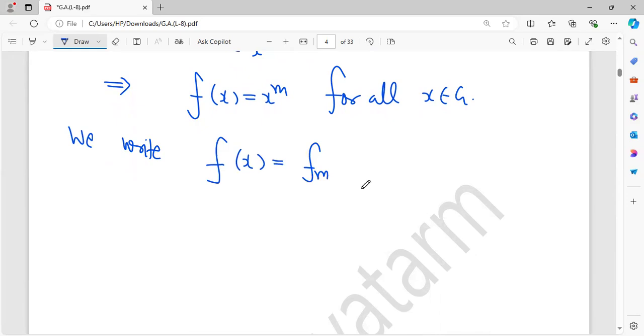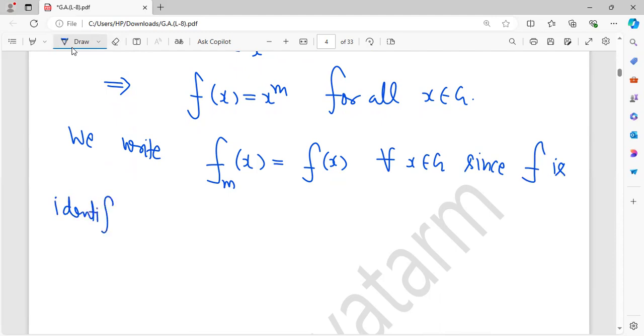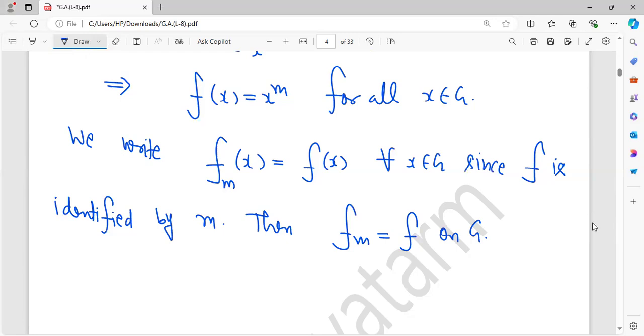We write f_m(x) is equal to f(x) for all x belonging to G, since f is identified by m. Okay. Then f_m is equal to f on G.